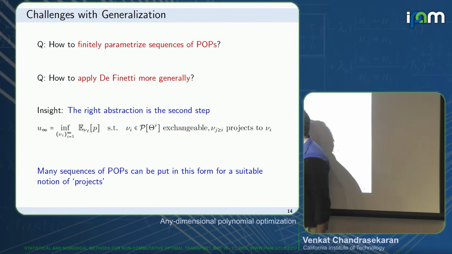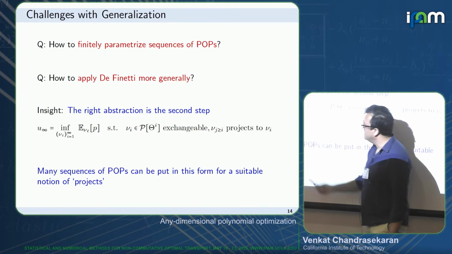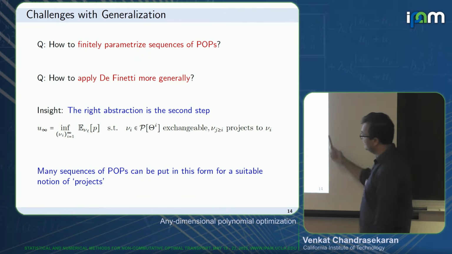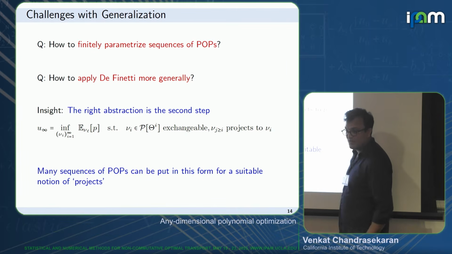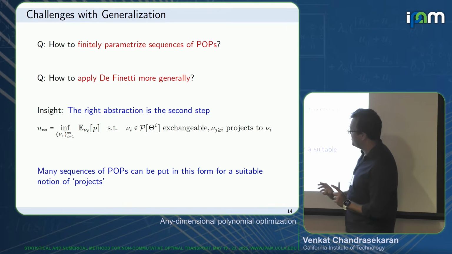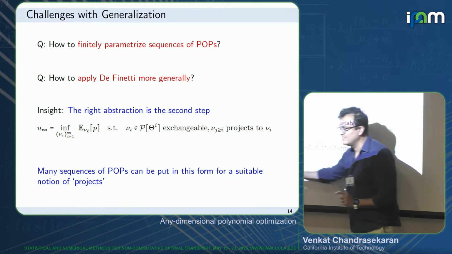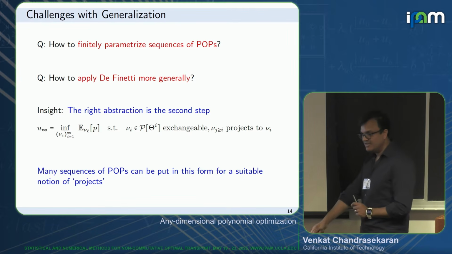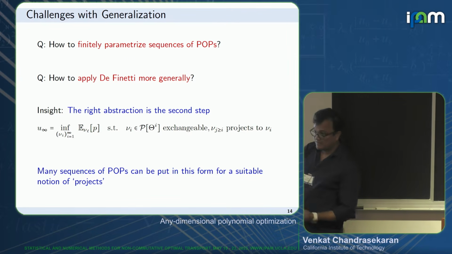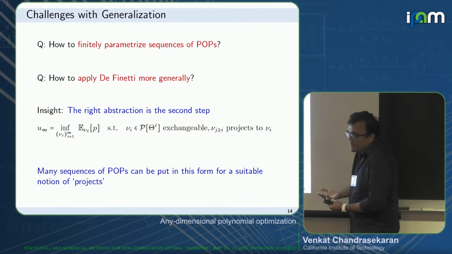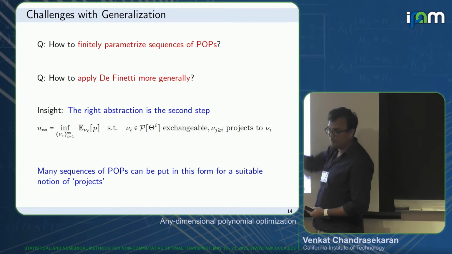You take the expectation of a polynomial p for one of these measures in the sequence, with the same constraints that we had before. This is the right abstraction for an appropriate notion of projection.